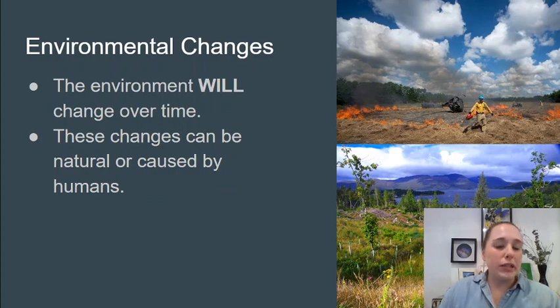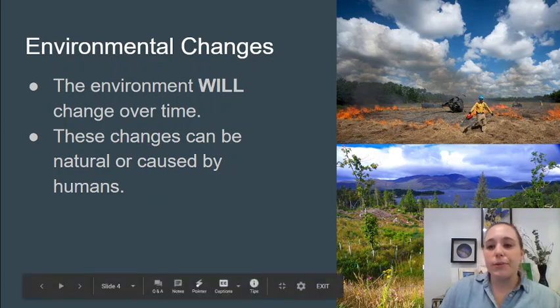It doesn't make one better than the other, although we tend to associate changes by man more negatively than those that are natural. In these two pictures, we see examples of controlled fire and deforestation.